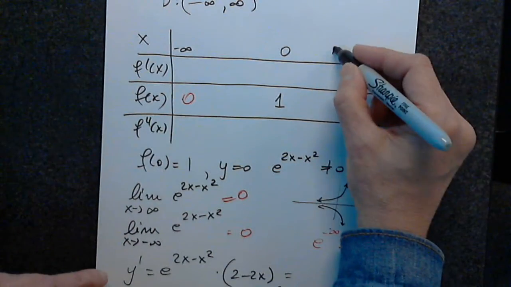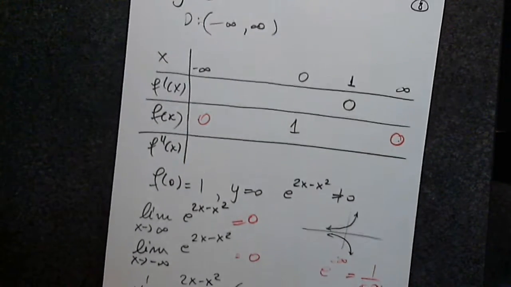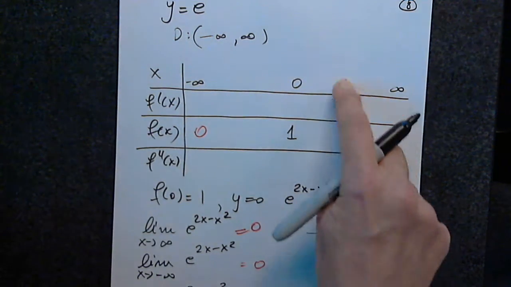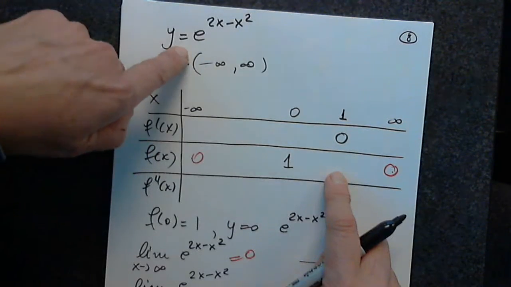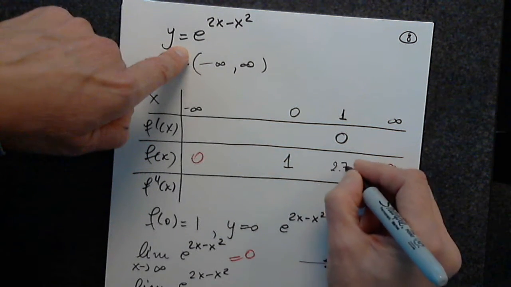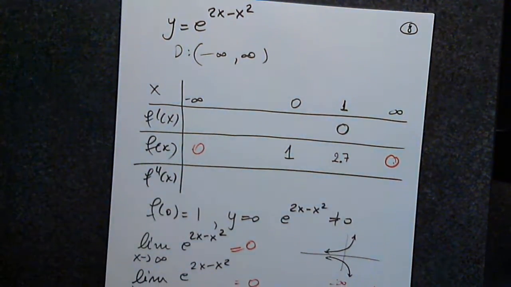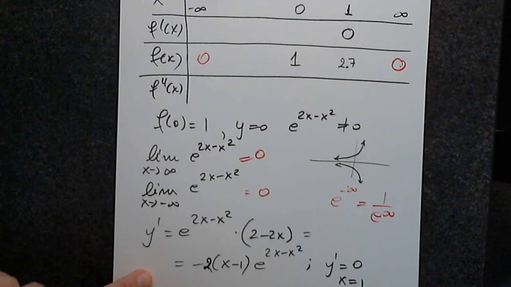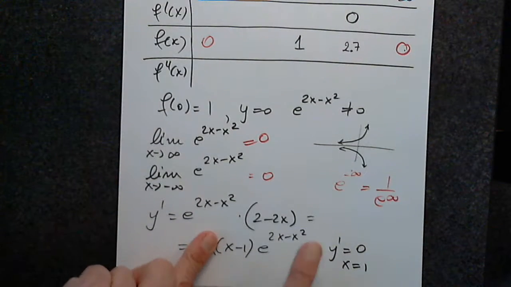So I have 1 and I have 0. I have to determine this value here. I need the y coordinate of this point. So e to 1. So I'm going to say 2.7. You said this cannot be 0, this cannot be 0.